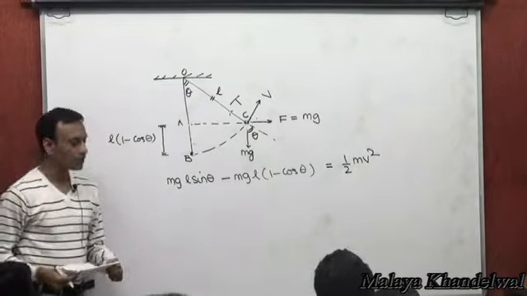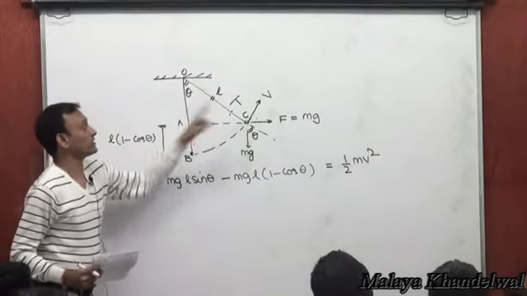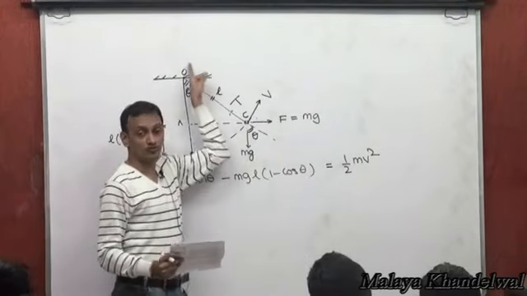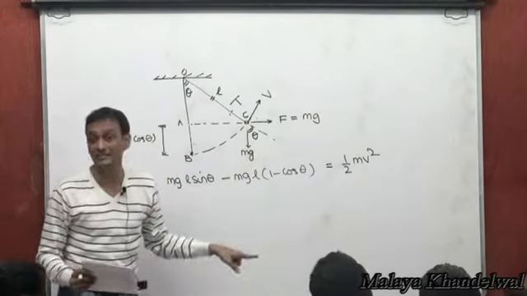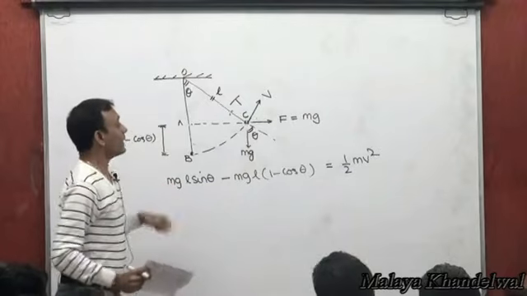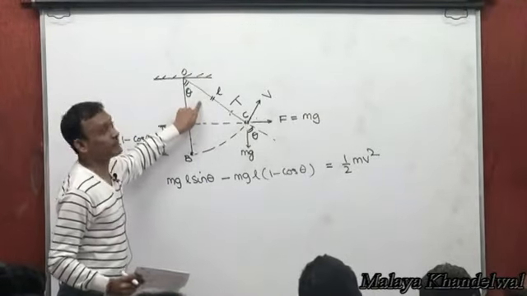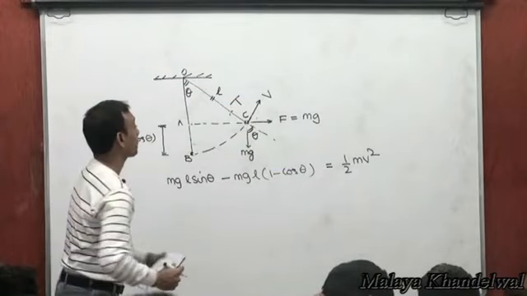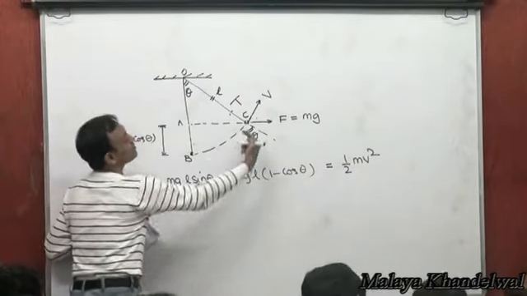That's one thing. Now, at this point, it's after all negotiating a circular trajectory of radius L, right? So then there must be a centripetal force providing the required centripetal acceleration, right? So what's the centripetal force?